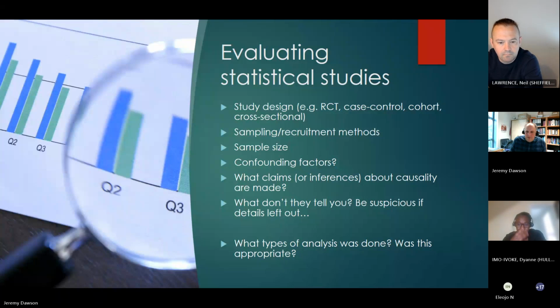And then, of course, the last thing to mention is what type of analysis was done, and was this appropriate? Now, obviously, as non-statisticians, I realize that's not so easy to evaluate. And I'm sure if you ask a friendly statistician, they'd be able to help you with this.